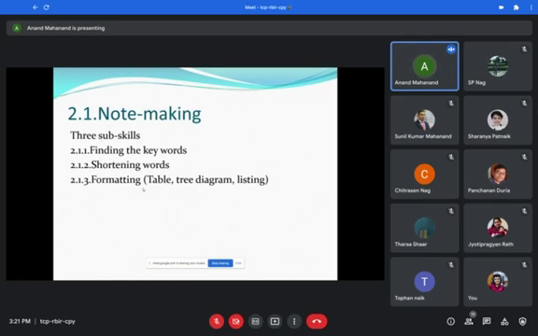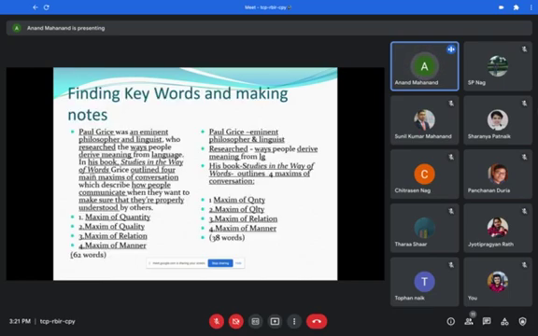That format can be a table, a tree diagram, or listing, and so on. I also told you the difference between note taking and note making. Note making is done from books and journals, but note taking is done from lectures or speeches.